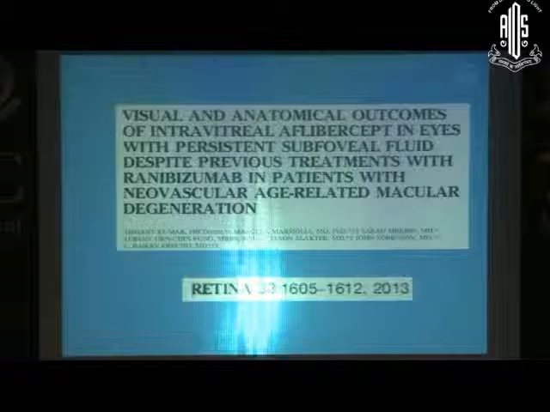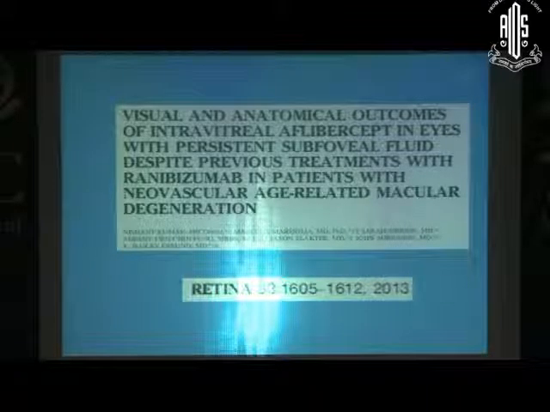So I will give 2 examples which I hope should make most of the theory that I spoke clear. Now this paper was published in the 2013 edition of a retina journal by the name Retina. Now a long title, Visual and Anatomical Outcomes of Intravitreal Aflibercept. Now aflibercept is a medication on the lines of Avastin.